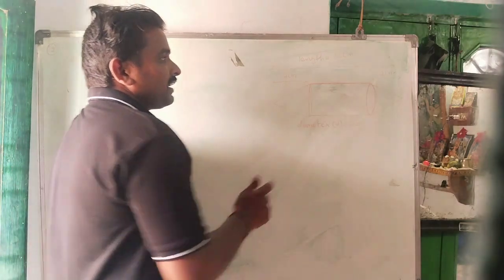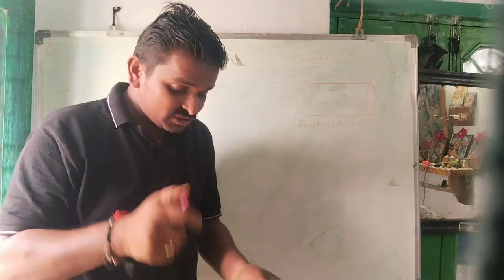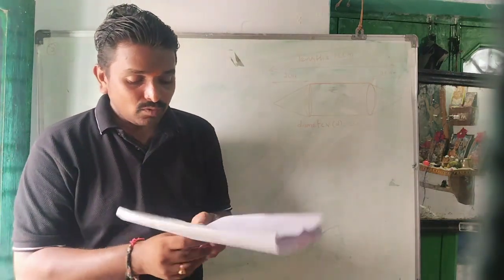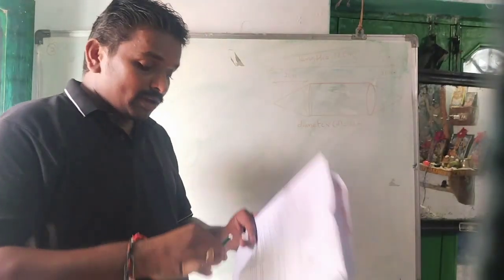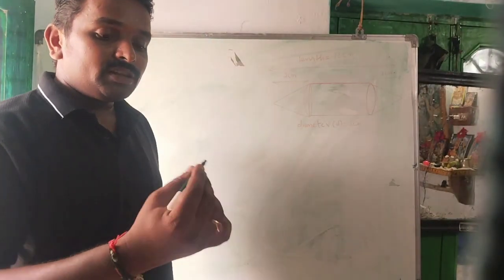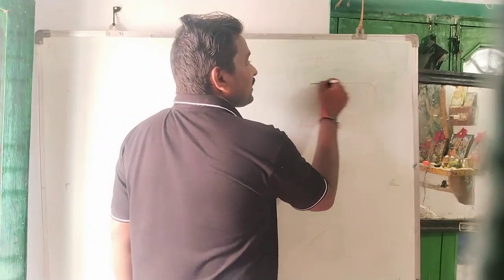Here one combination of solid figure is given. In the first video I explained what a combination of solid figure is: a figure formed by more than one 3D figure is called a combination of solid figure.